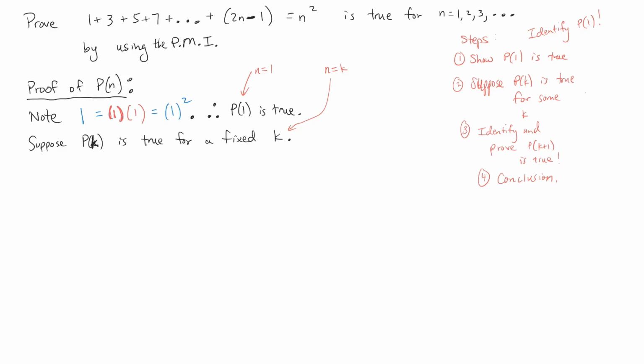Now what does this mean? That is, we have this equation: 1 plus 3 plus dot dot dot plus the quantity 2 times k minus 1 is equal to this pattern, k squared.